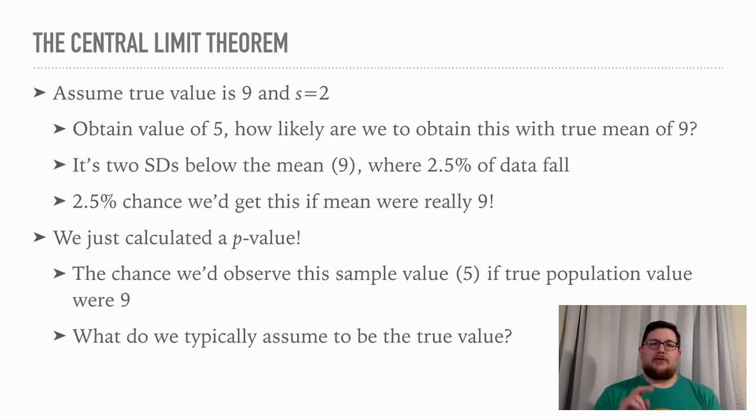Well, we know that the true mean is 9. We assume that to be the case. Standard deviation is 2. 5 is 4 away from that mean, so it's 2 standard deviations away. That's where 2.5% of data fall.